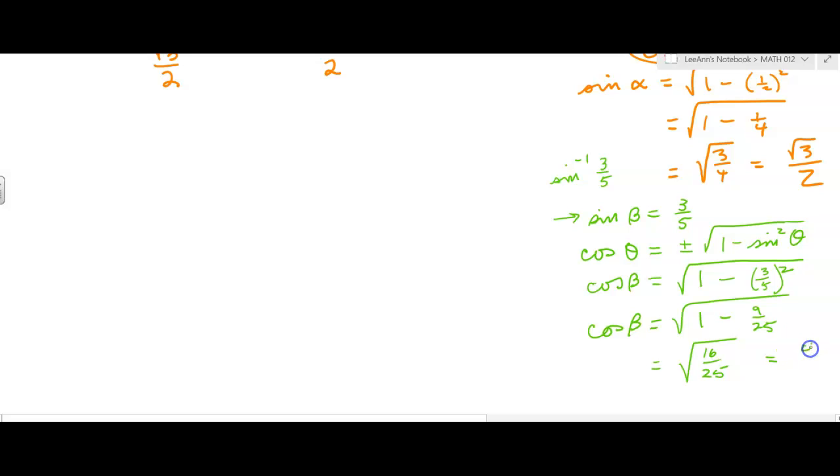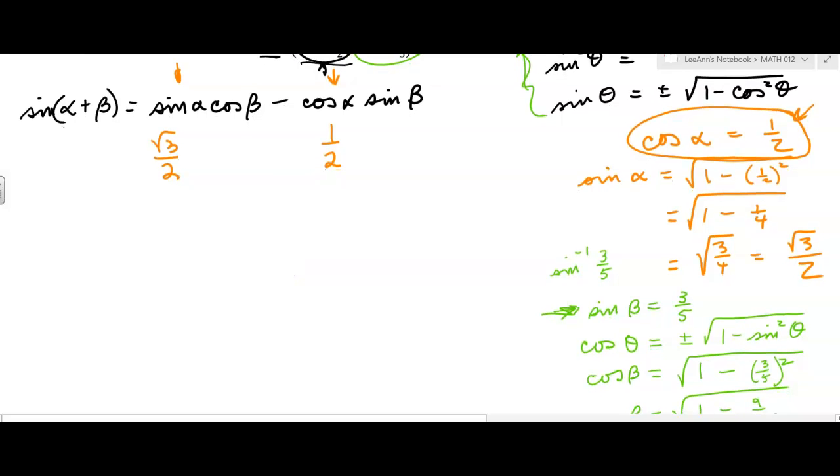Anyway, we're going to get 4/5. Now remember, that's the cosine of beta. So now I've got the sine of beta, 3/5, and the cosine of beta, 4/5. Now we can plug those in. Cosine of beta was 4/5, and sine of beta was 3/5.